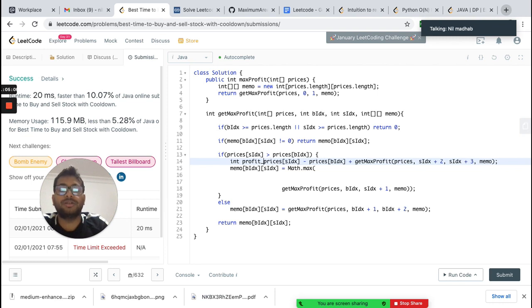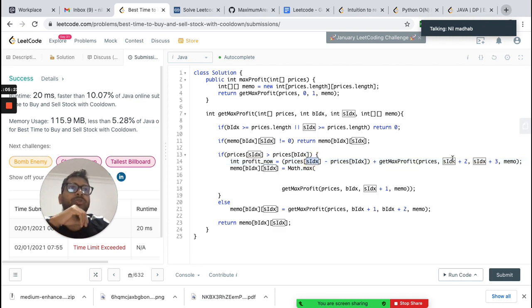Now profit will be the price, so we just sell it right today, and because we sold at sell index, we can again start.